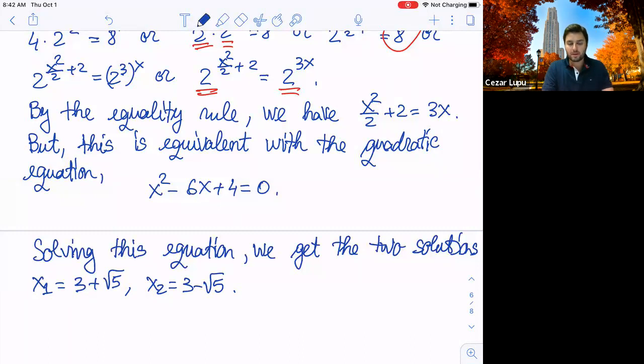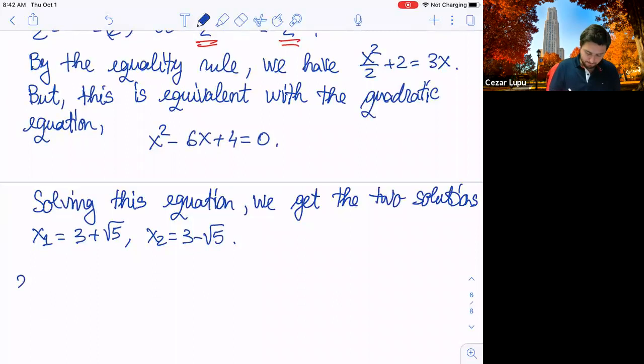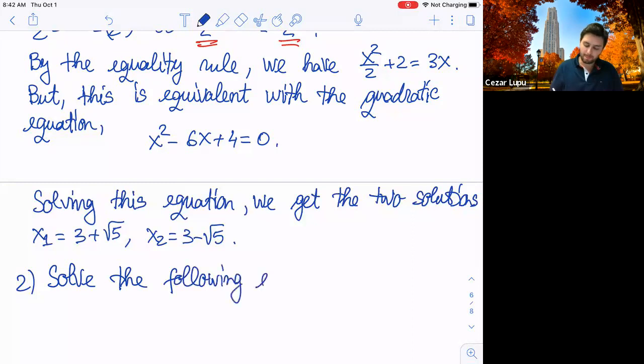Now, let's see some other examples. So this was the first one. The second one. Solve the following equations. And you'll see the first one is, let's say, 2 to the power x is 21.